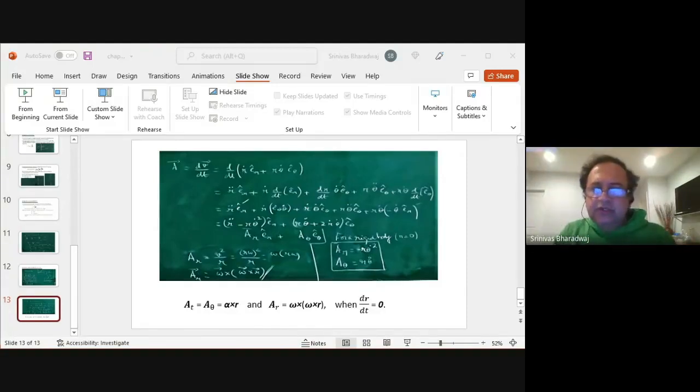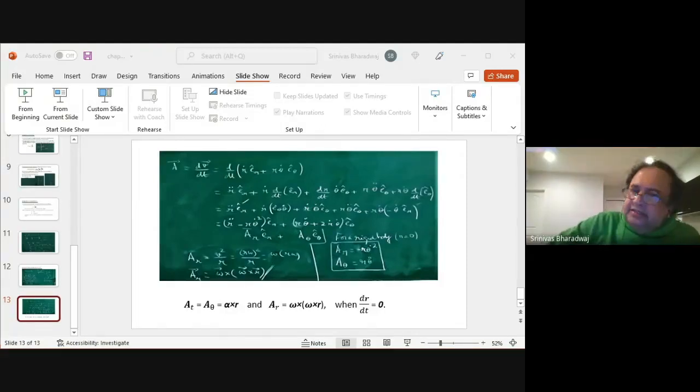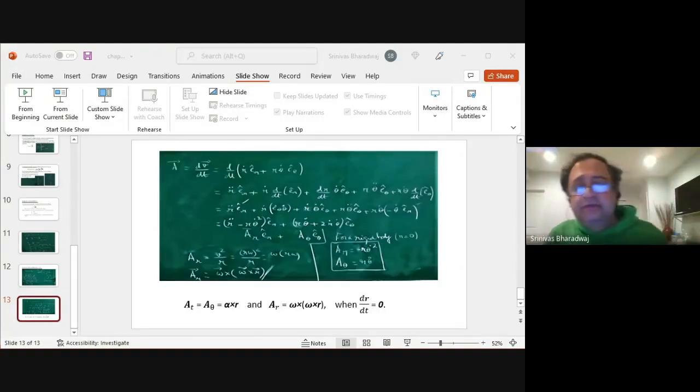So in this case, when something is rotating from P to P prime in the xy plane, the direction of omega is along z. So let's say it goes from P to P prime, it's along the positive z direction.